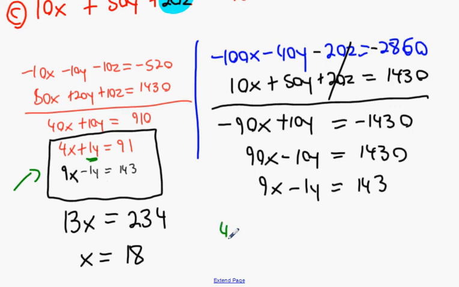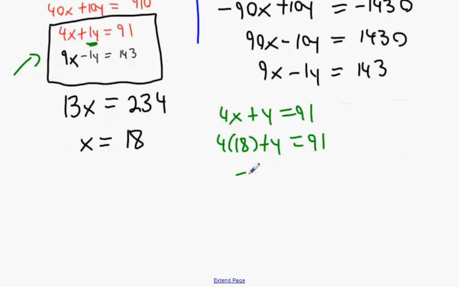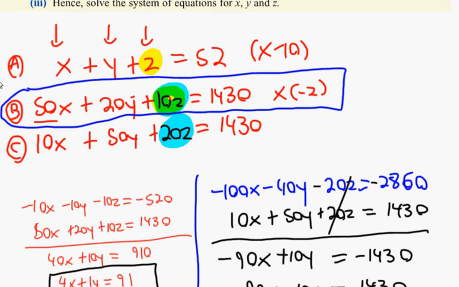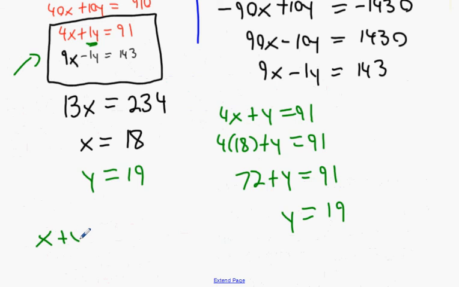So you have 4x plus y equals 91. 4 times 18 plus y equals 91. 72 plus y equals 91. Y equals 19. Finally, it said you had 52 coins in total. X plus y plus z equals 52.